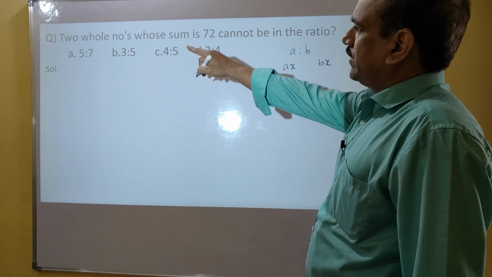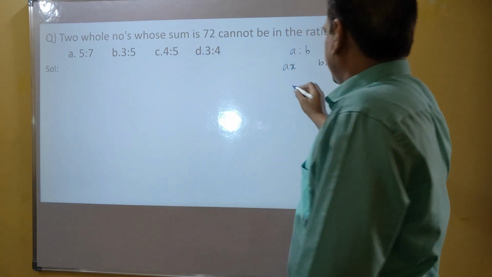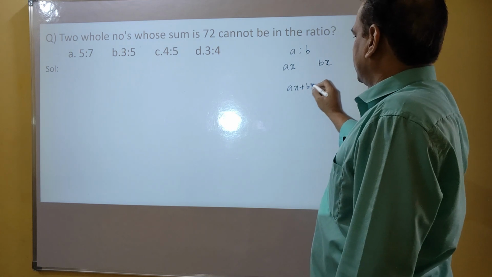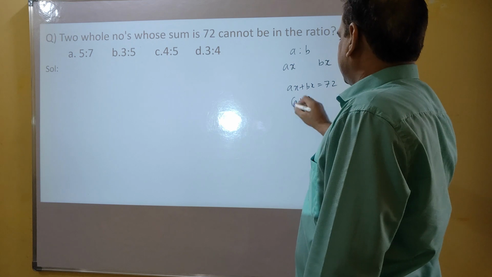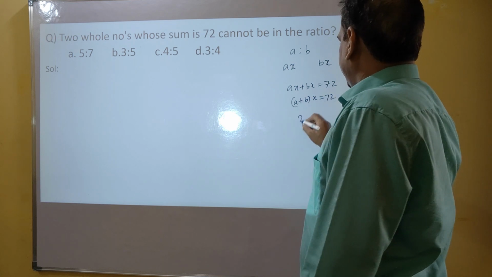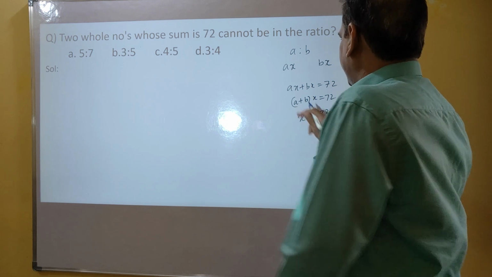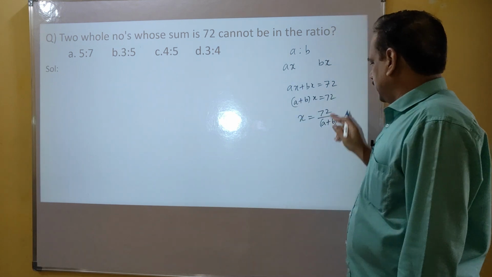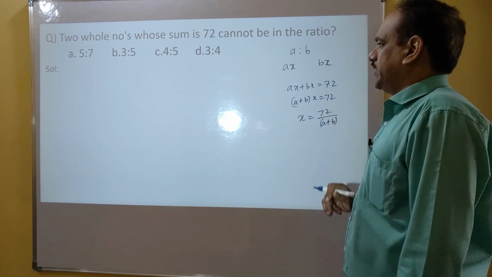Then we are given the sum of the two whole numbers must be 72. Then AX plus BX must be 72. A plus B into X is 72. X is 72 by A plus B. Because x is an integer, 72 by a plus b is an integer, so a plus b must divide 72.